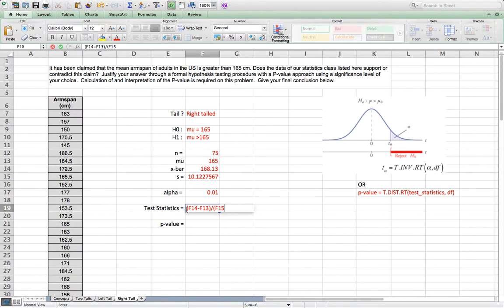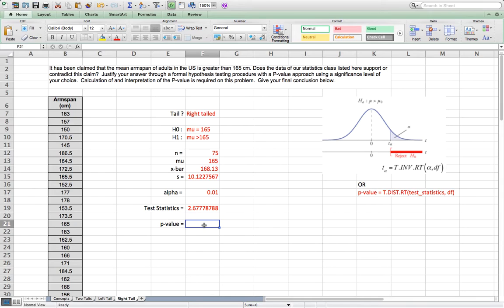Oh, I forgot to type equal. That's why it doesn't show up in the cells. Okay, that's how it goes. Now it's good. F14 minus F13 divided by F15, right? Then I want to divide by the square root of n, which is F12. Okay, that's my test statistic.